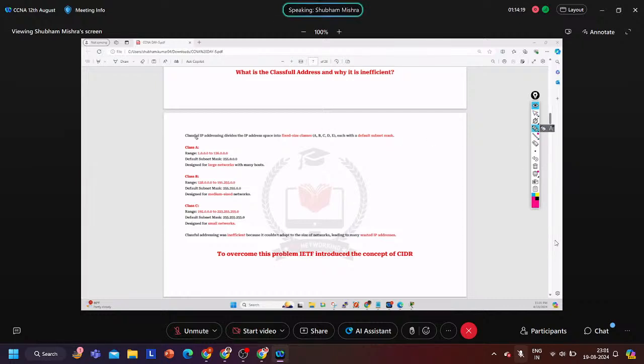See, I mention here, for example, class A. Class A range is this one to this one. For example, if I am assigning 10.0.0.1 with /8, this IP address belongs to which class?